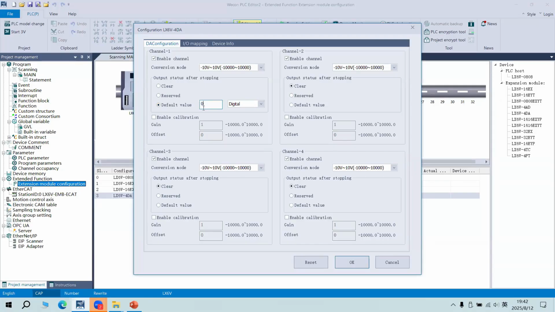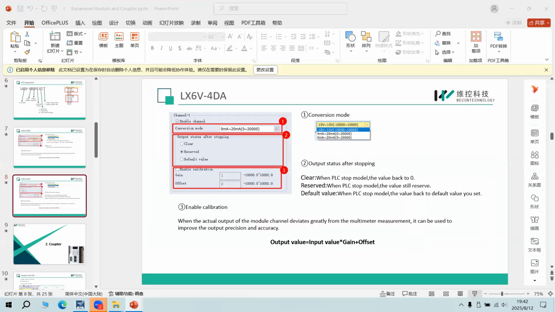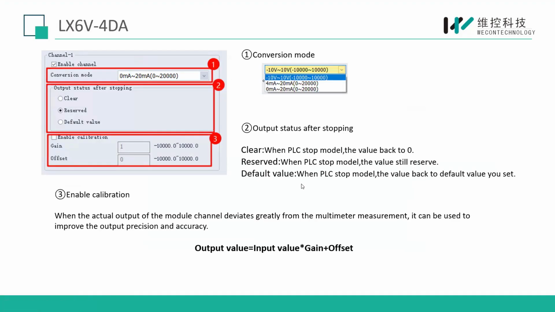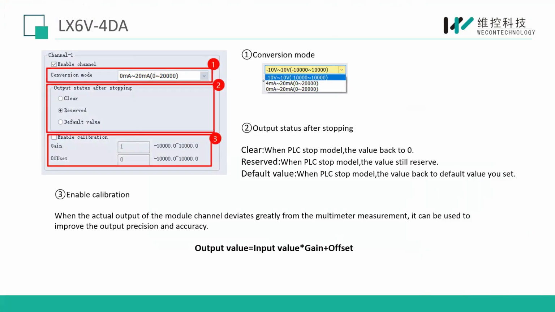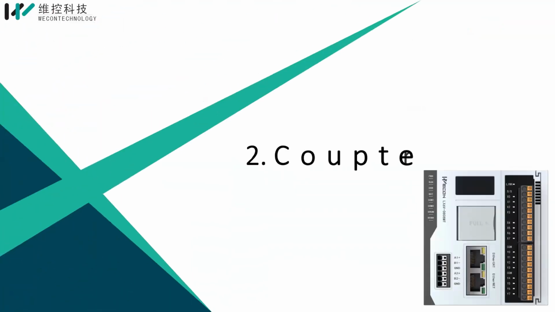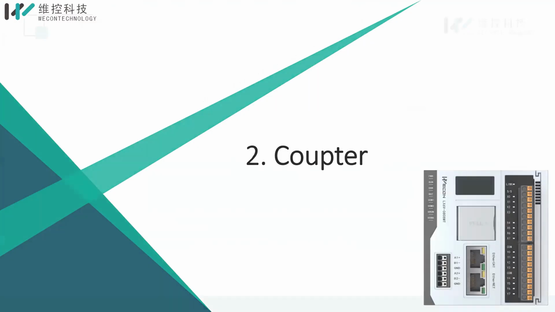You can see, you can set a default value in here, and when the PLC becomes stop mode, the channel will go back to the value you set. So this is all about our module, and the next topic is about our counter.